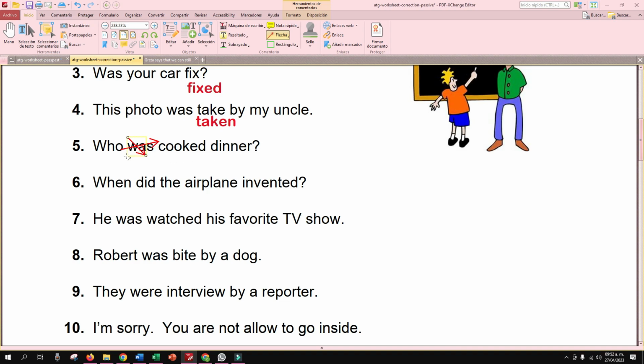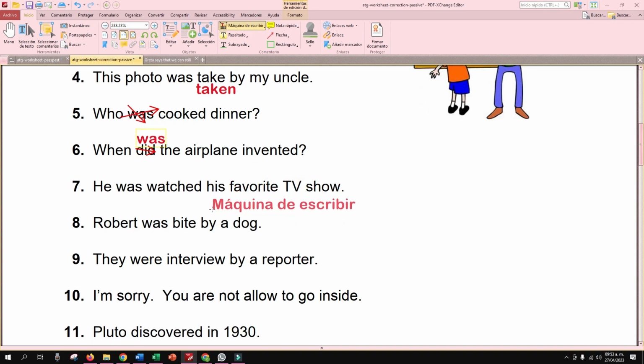We don't need was here, right? That is not necessary. Excellent. 6. When did the airplane invented? What is the mistake there? It's when was, not when did. Yeah, we don't need that, right? When was the airplane invented? Perfect. That's good, right? And when was the airplane invented?